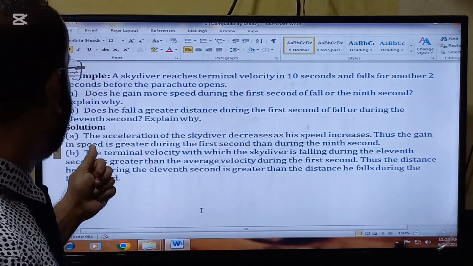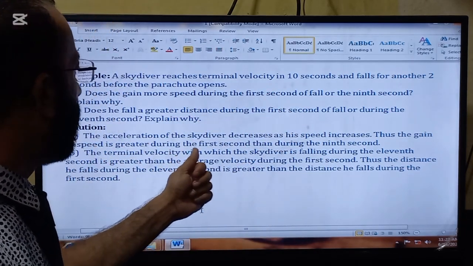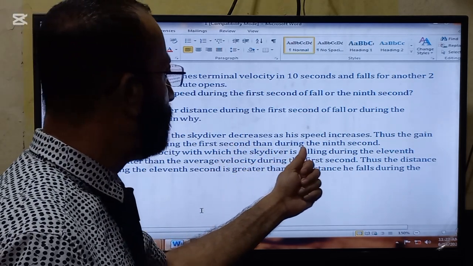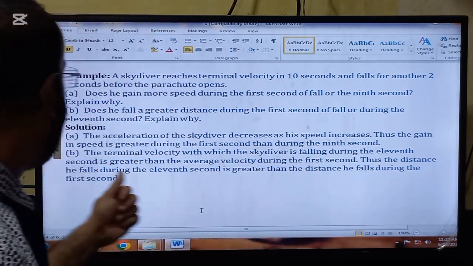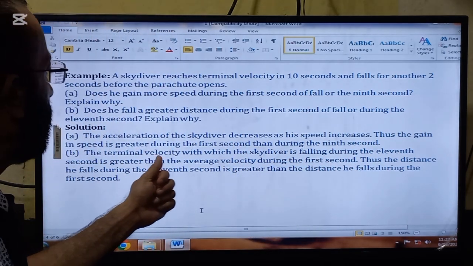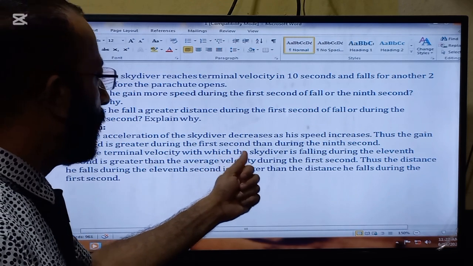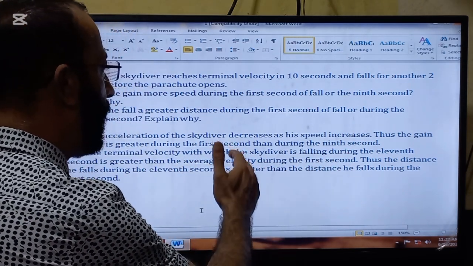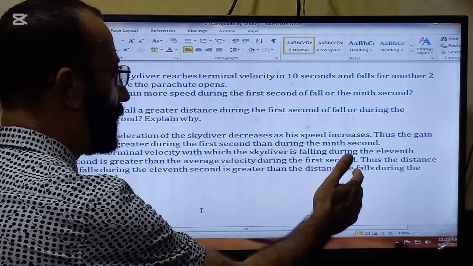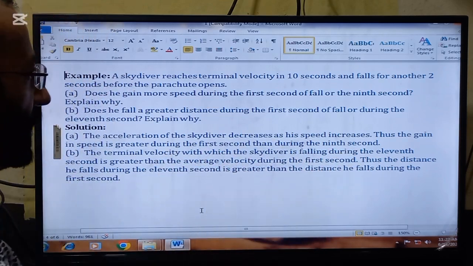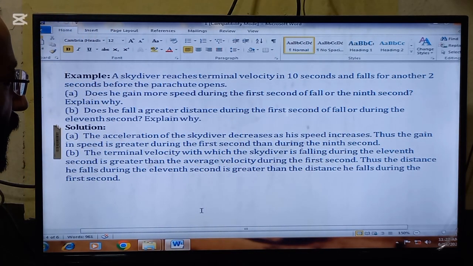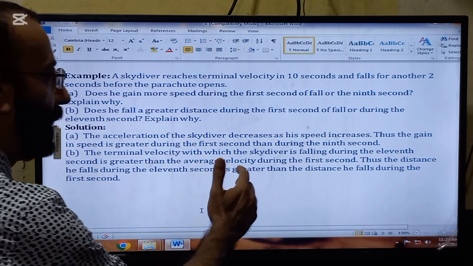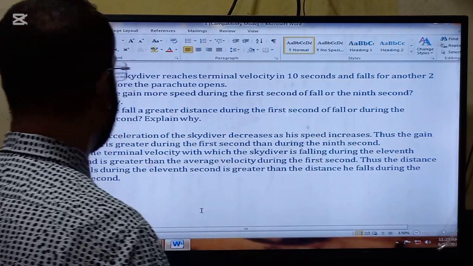Look, the acceleration of the skydiver decreases as his speed increases. Thus, the gain in speed is greater during the first second than during the 9th second. This is the reason, because the acceleration gradually decreases. So the gain in velocity in the first second is greater than the gain in speed in the 9th second.